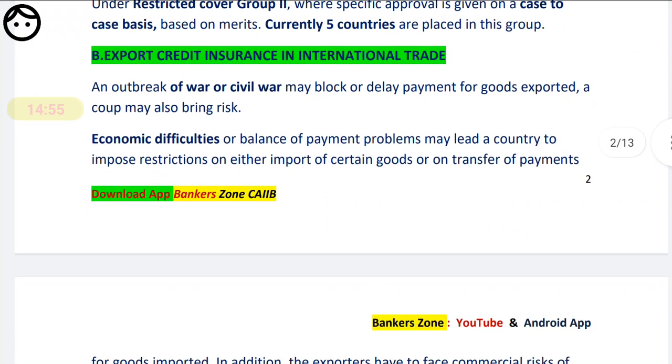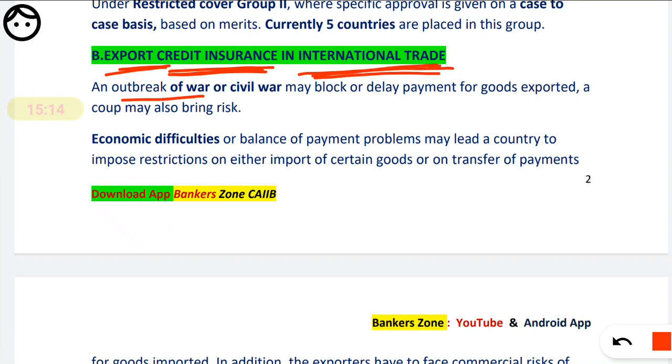Now, what we discuss next is export credit insurance in international trade. See how important insurance is for the export business in international trade. If there is an outbreak of war or civil war, it may block or delay the payment to the goods exporter.